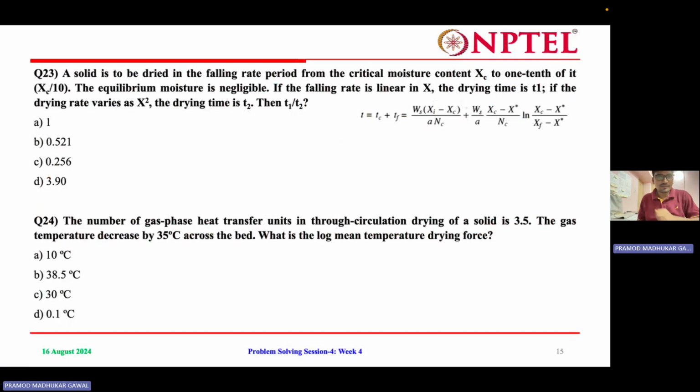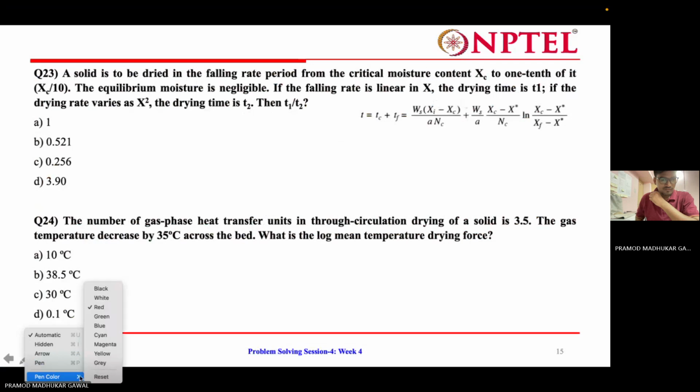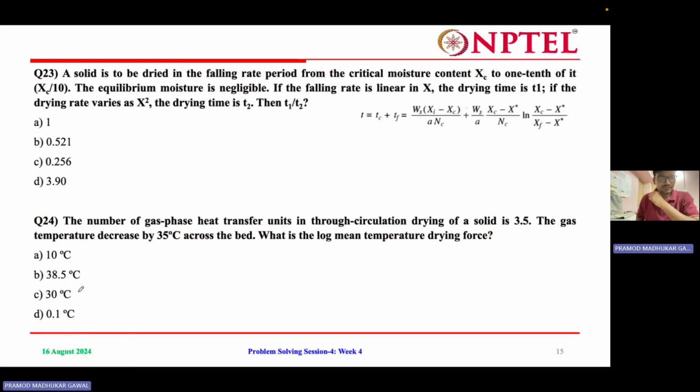So here the falling rate period is given with the critical moisture content Xc, and the final moisture content is Xc divided by 10. Equilibrium moisture is negligible, so X star equals 0.